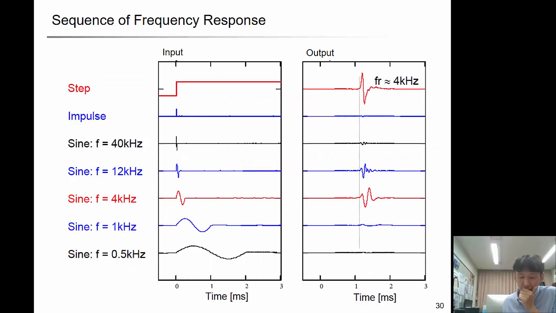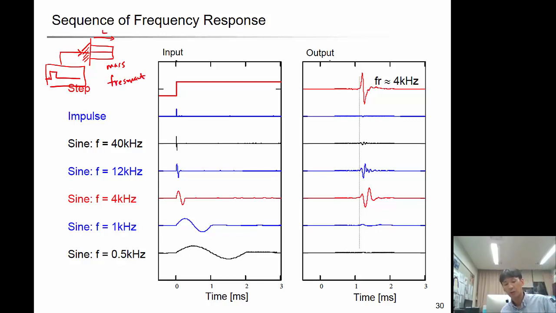Then what kind of input signal excitation do we use? When we have a bender embedded as a cantilever beam, we can apply whatever source signal, but depending on the mass of the bend element and the protrusion length, it will have a different resonant frequency, right?